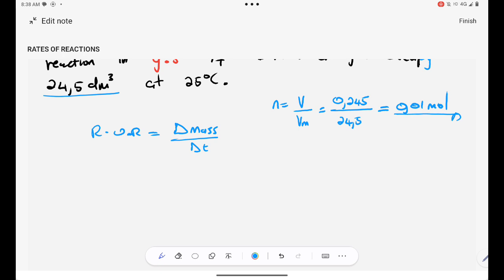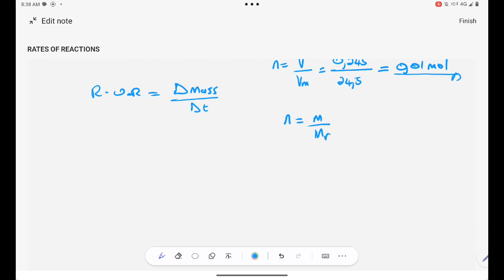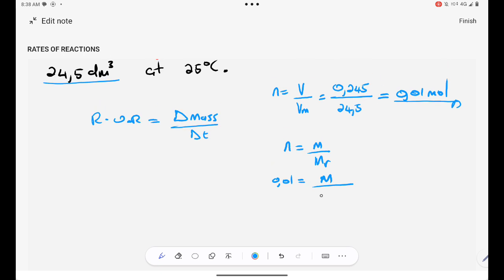Now let me calculate the mass of my carbon dioxide that was formed. Number of moles is equal to mass over the relative molecular mass. Are you together? I have 0.01 equals mass divided by that of carbon dioxide. Remember that carbon dioxide is CO2, right? Carbon has a relative atomic mass of 12, and oxygen has a relative atomic mass of 16. That's 12 plus 16 times 2.